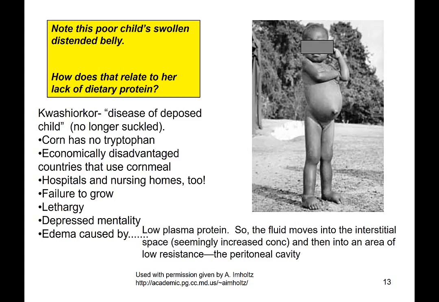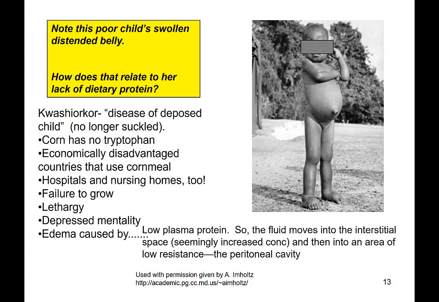Well, how does this relate to a change in body fluid compartments? Notice her very distended belly. This is not from her being fed a lot of food. This is not obesity. What happens is this, and you should really be mindful of this. I go after this on an exam heavily, and this is an issue we will see throughout the entire semester.